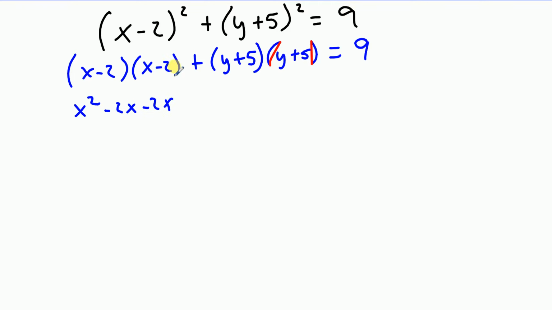And when we combine our like terms, we're going to also put it in descending order. Okay? Descending alphabetical order. So if you remember from the polynomials unit that we did, descending order means the highest exponent down.